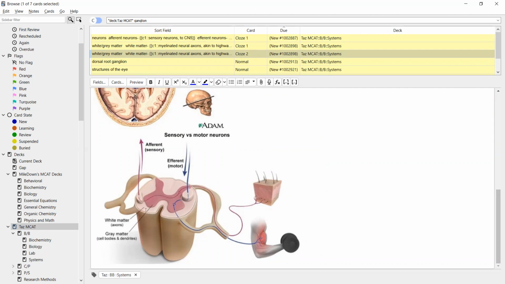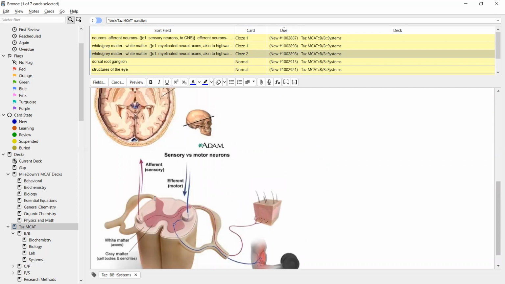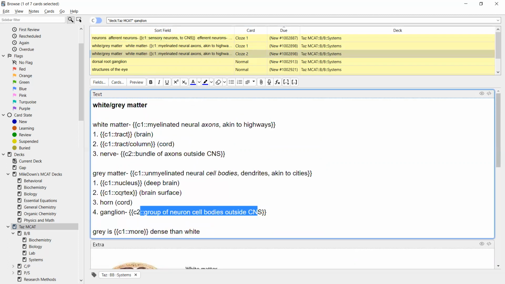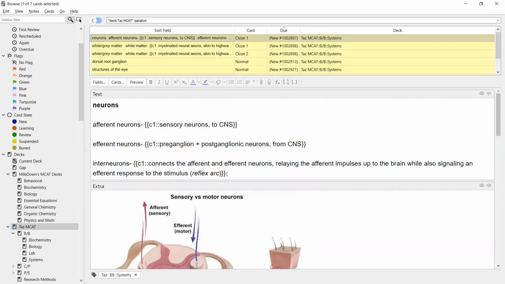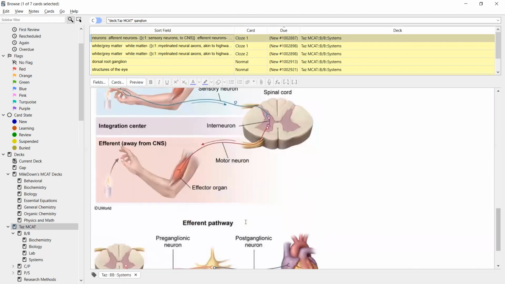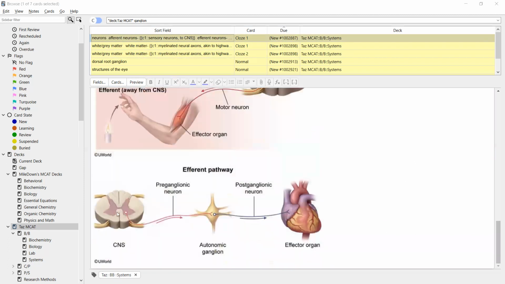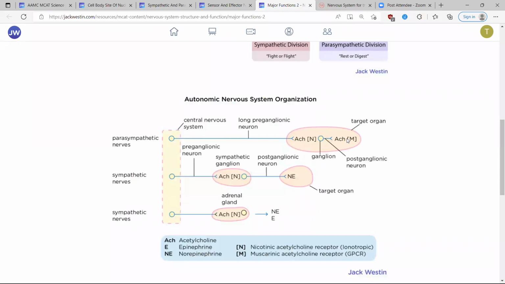The white matter refers to the axons, whereas the gray matter is the cell bodies. So in the CNS, in the PNS, when there's a group of cell bodies, it's called a ganglion, and that ganglion is over here.